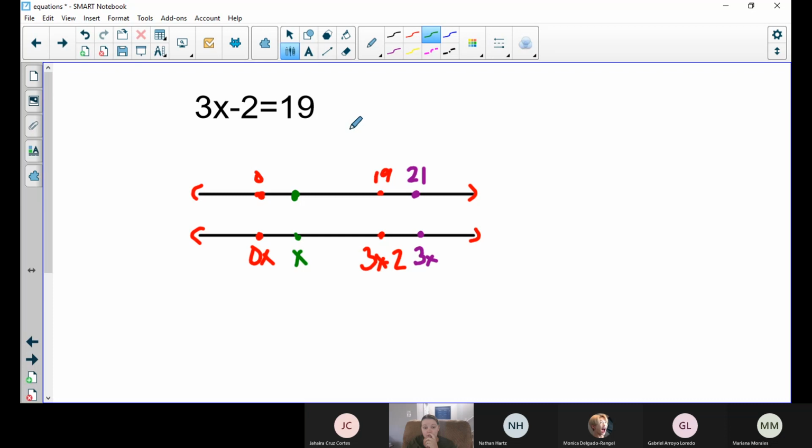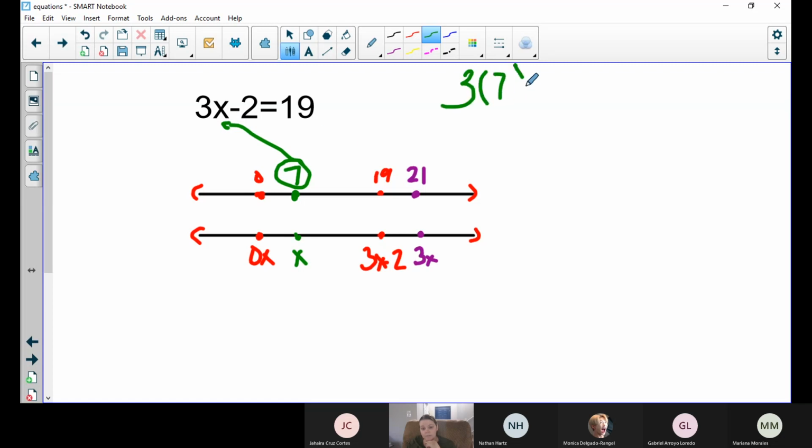So I need to divide 21 into 3 equal groups, and each group would have 7. So for this problem, x would equal 7, and I can check that by taking the 7 and putting it in place of x in my equation.